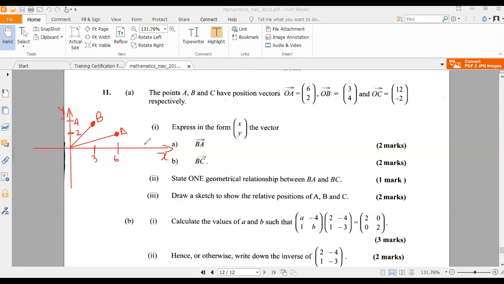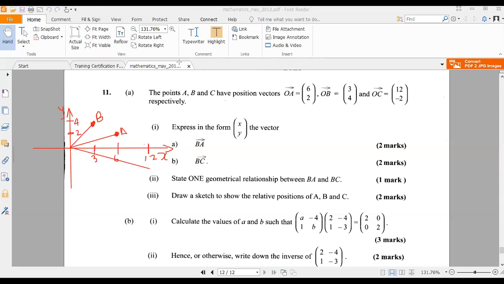So I come to 12. Let's say 12 will be somewhere over here. So I put here 12. And I'm looking for -2. Then we come here. We're looking for -2. So we come right to this point here. And this should have been it.